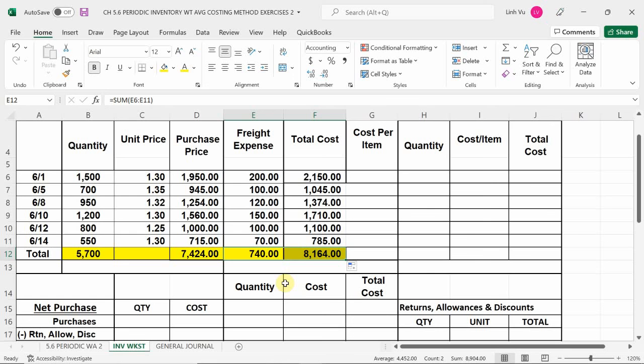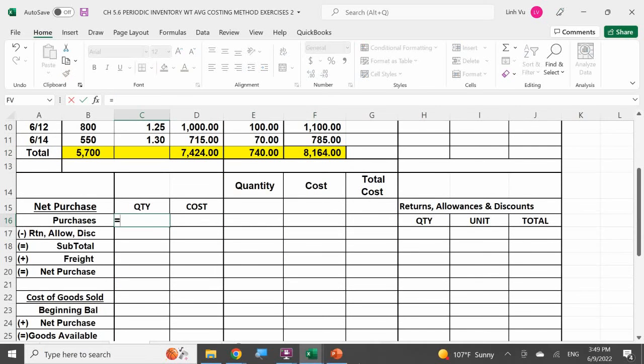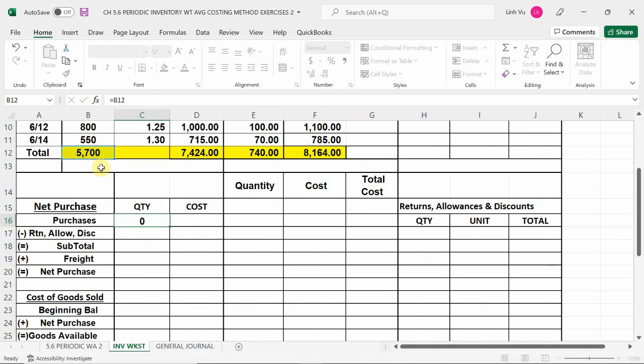All right, so let's plug our numbers into our worksheet down below. We purchased a total of 5,700 units at the $7,424. No returns, allowances, or discounts, so that's not going to change your value.